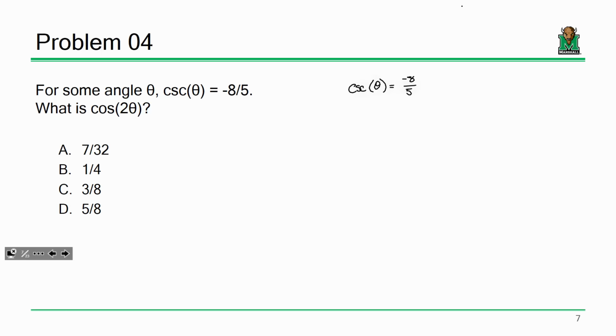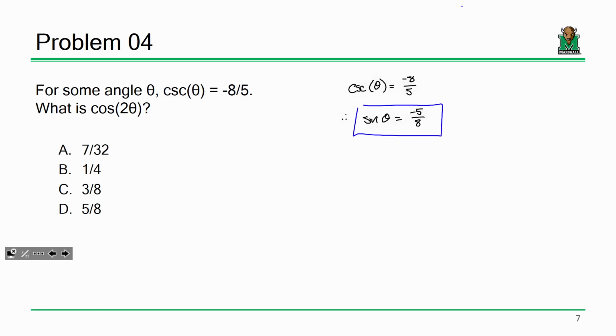How so? One over sine. In other words, if the cosecant of theta is -8/5, I propose to you that the sine of theta is -5/8. Sound good?